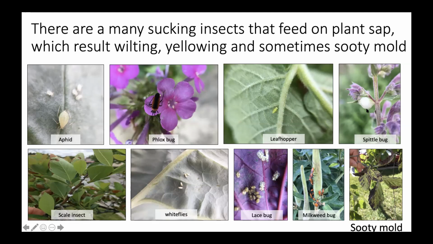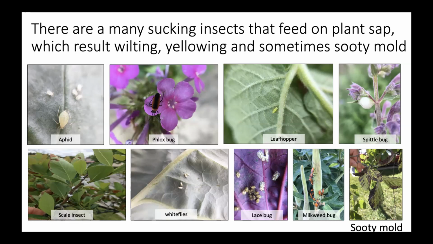Where it looks like a bunch of spit, this is called a spittle bug. If you gently rub it in your hands and the spittle or foam disappears, you'll see a little bug that looks very similar to a leaf hopper under there. These are scale insects. They don't move most of the time.